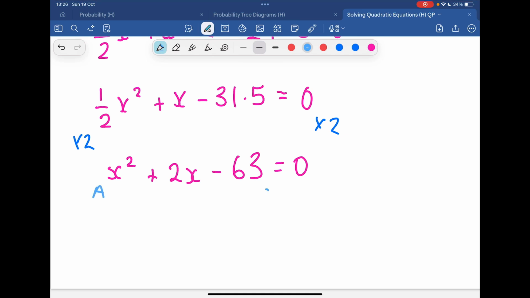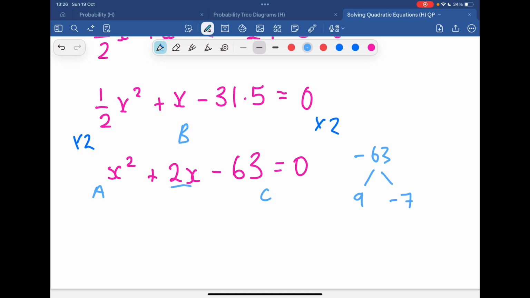And then we want to look for factors of A times C that add up to B. So we can use either our grid method for this, or we can just use our regular method for solving quadratics. I know that 9 and minus 7, if you multiply those together, that will give me negative 63. And if we add those together, it'll give me 2.